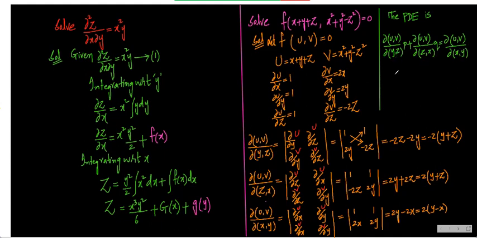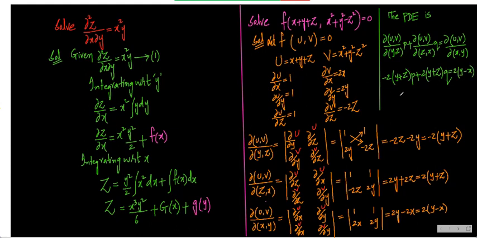Finally, the first part answer, what we got: minus 2 into (y plus z) of p. Second part answer: 2 times (y plus z) into q is equal to third part answer: 2 times (y minus x).